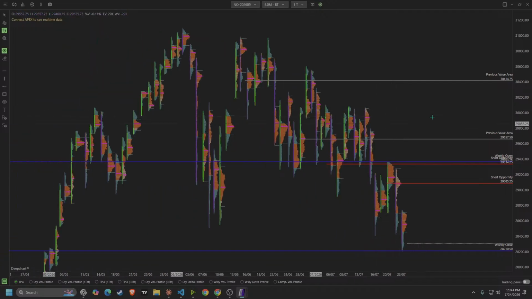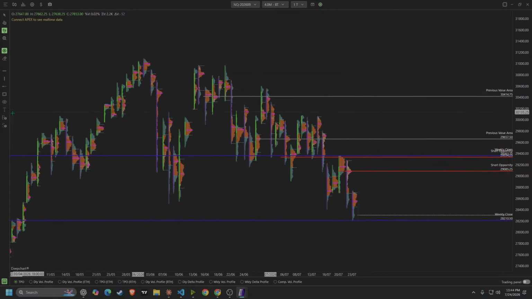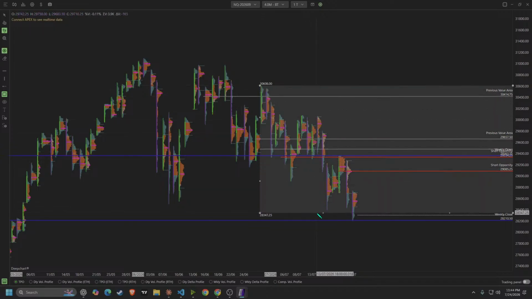Then we take this high to this low, and 50% of that is basically on my short, which is a level we haven't tapped back into yet.